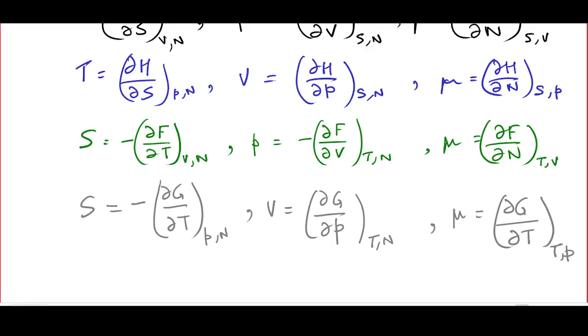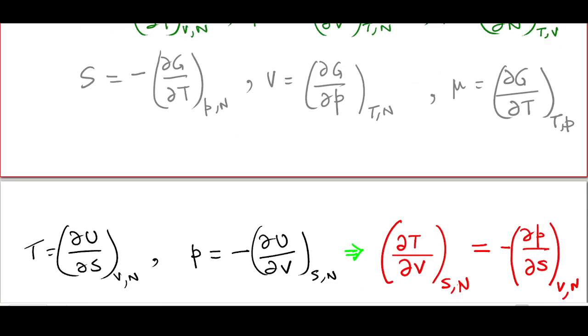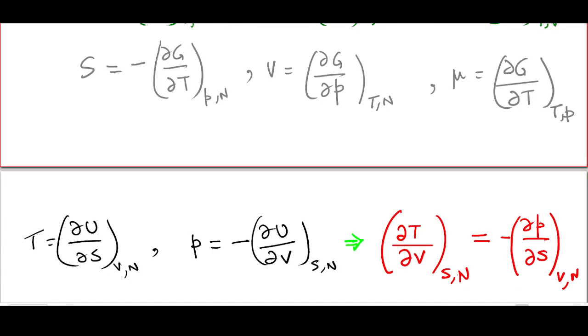Now that we have seen, for example, that temperature is del U del S at constant V and n, and pressure is minus del U del V at constant S and n, it immediately follows that if you were to differentiate T with respect to V, keeping S and n constant, and minus P with respect to S, keeping V and n constant, what you would get is essentially del 2U del S del V on the right hand side, and del 2U del V del S on the left hand side.